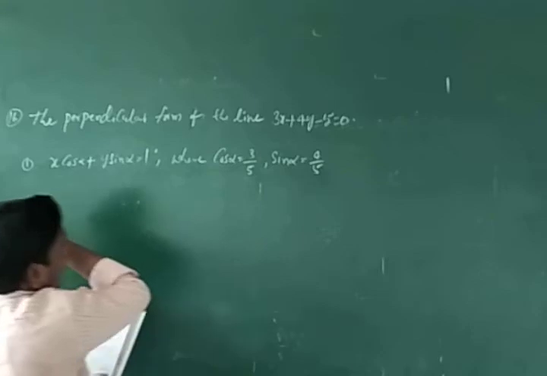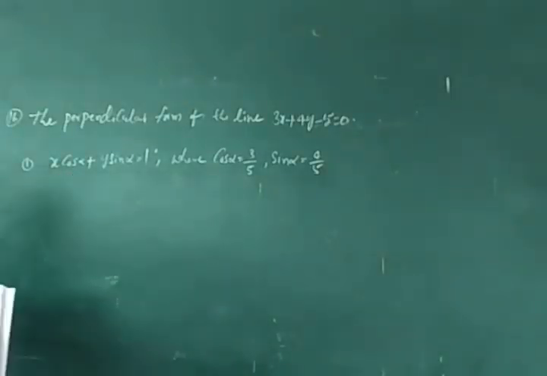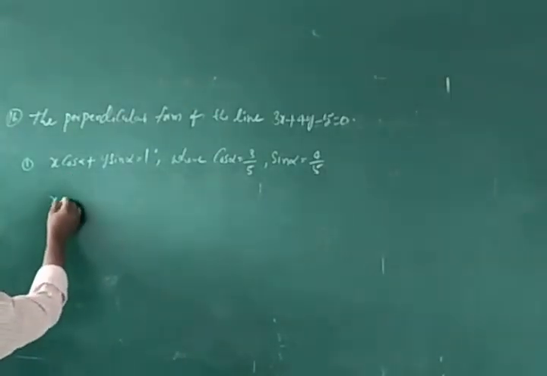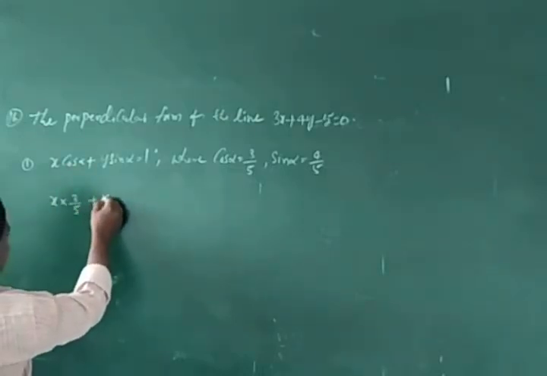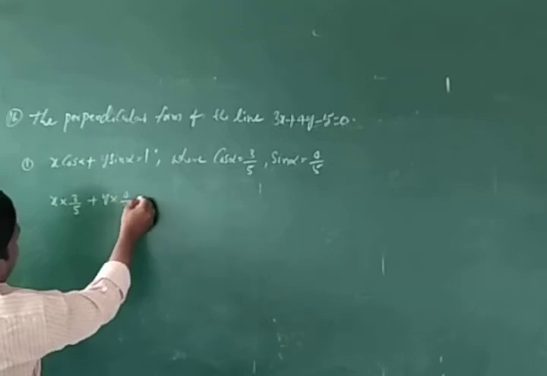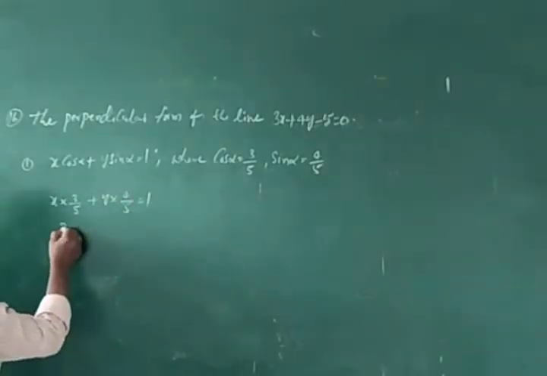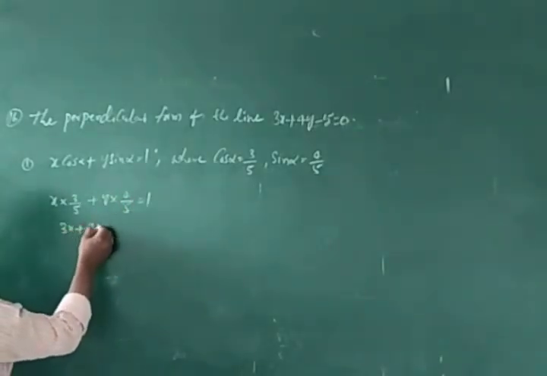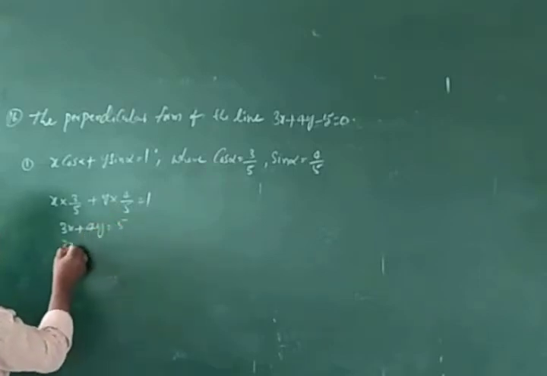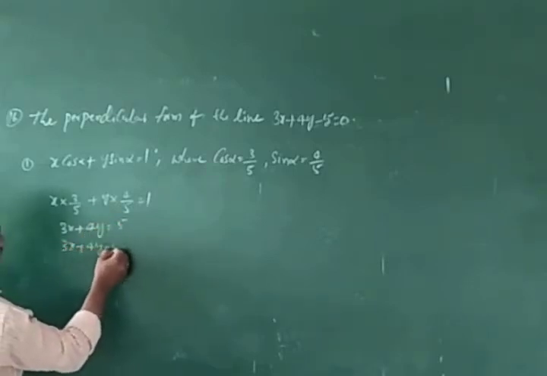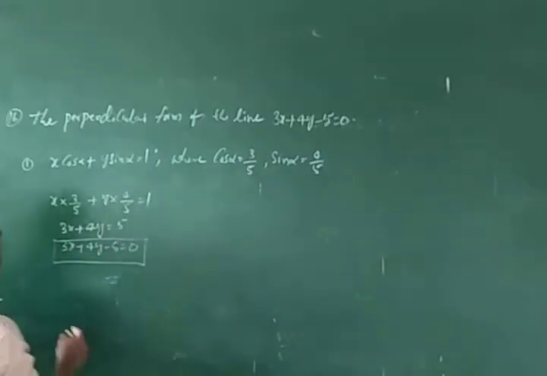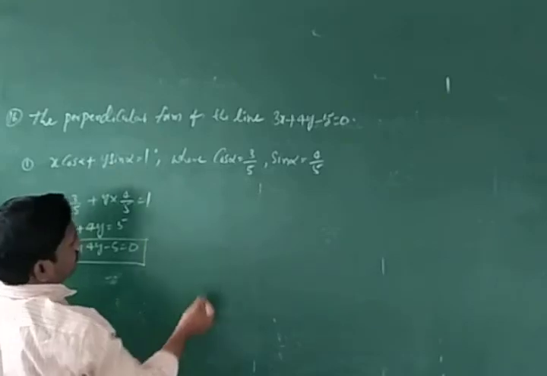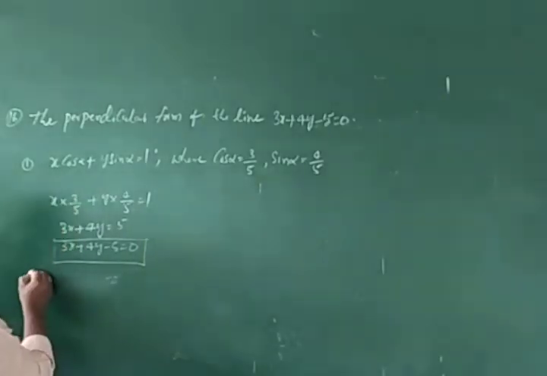So substitute the values: x into 3 by 5 plus y into 4 by 5 equal to 1. LCM 5. So 3x plus 4y equal to 5, then 3x plus 4y minus 5 equal to 0. This is one of the equations. And check option 2, the second one.